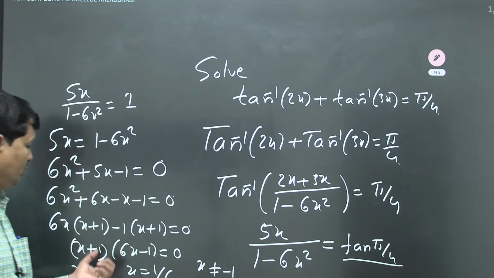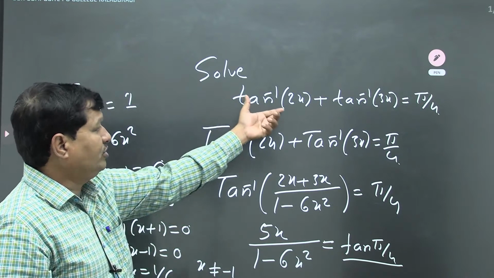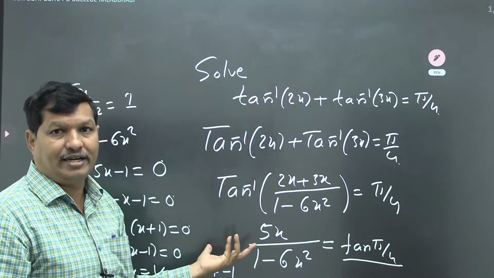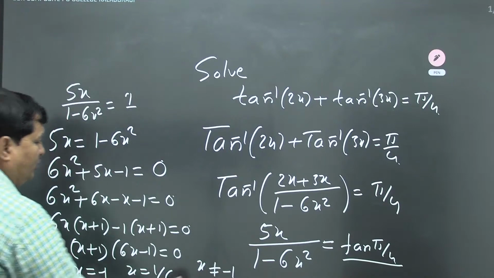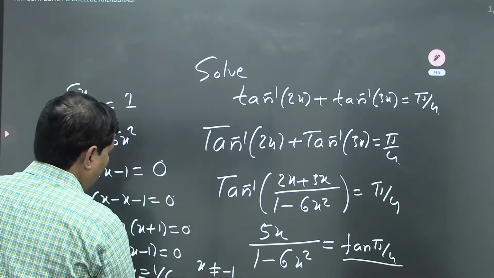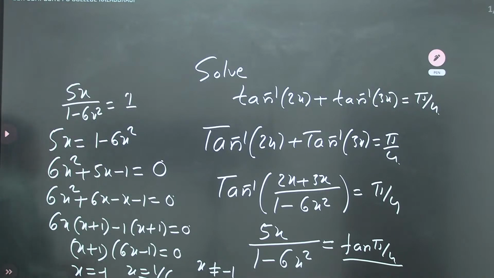But how to pick the correct answer? You have to substitute in the given equation, and whichever gives the RHS is correct. Therefore, x equals minus 1 is not the solution, and x equals 1 by 6 is the correct answer.